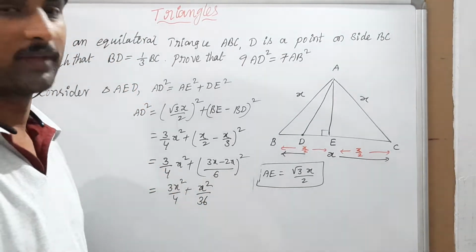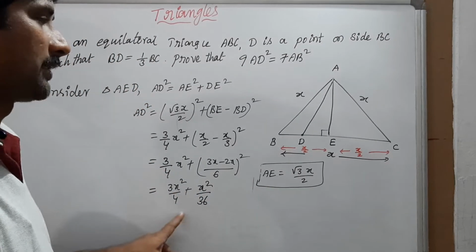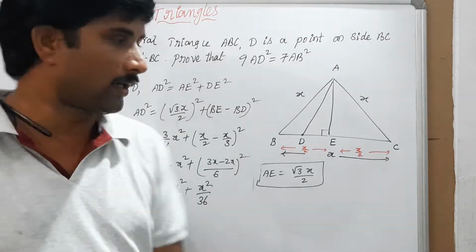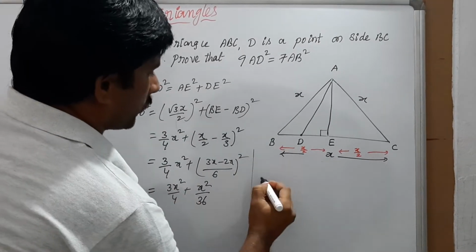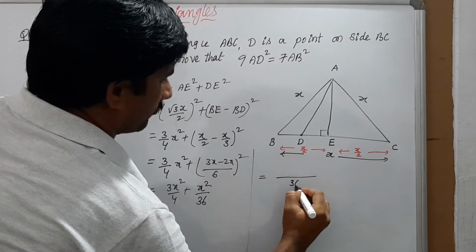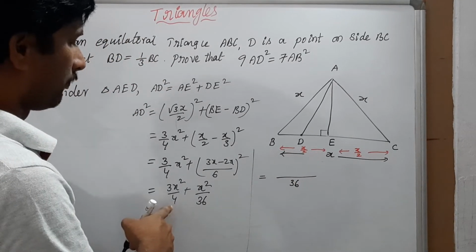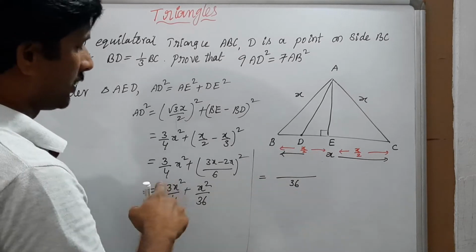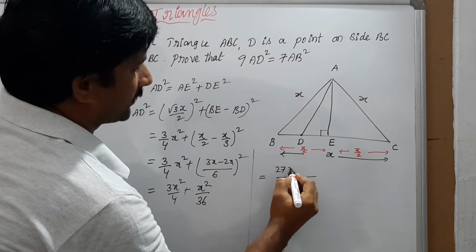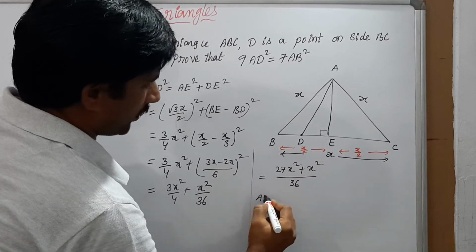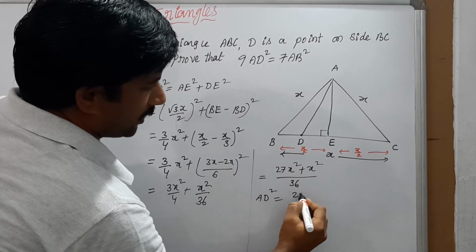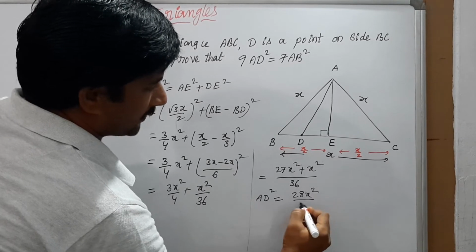Again you can go ahead for LCM of 4 and 36. 4 and 36 LCM is 36. Now 4 9s are 36. 9 into 3 is 27 into x square plus x square. So AD square is equal to 28x square by 36.